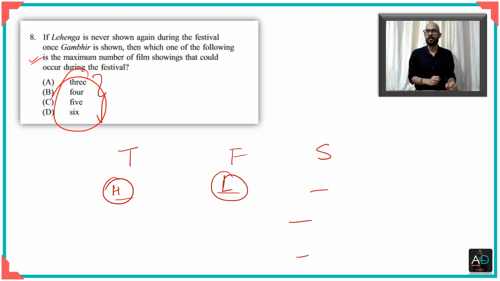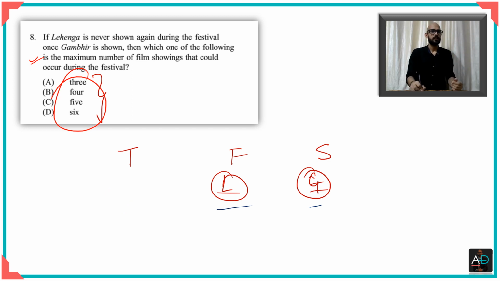It means again these will not happen. Likewise, it is possible for me to make only 1 show on Saturday, Gambhir. I can put Gambhir here and thereafter there are no shows. Which means that although a maximum of 3 is possible, in this case the total number of shows is only 3.